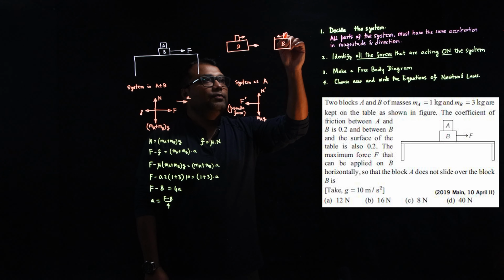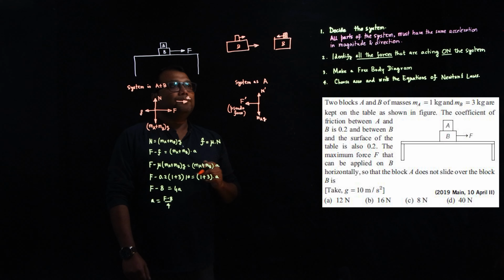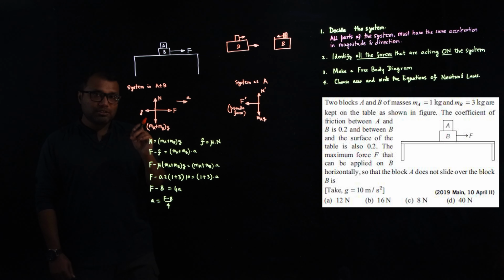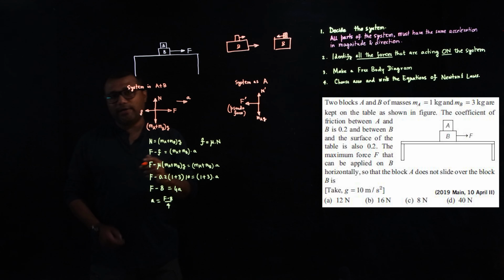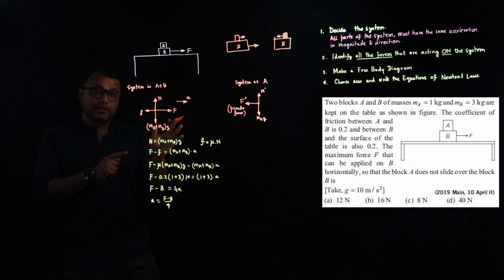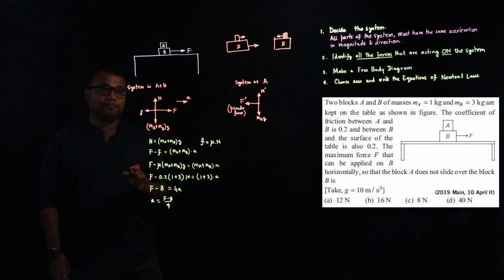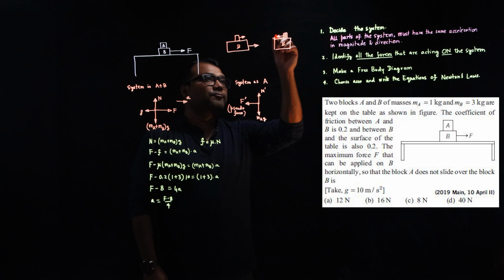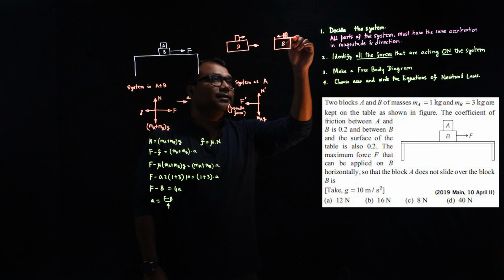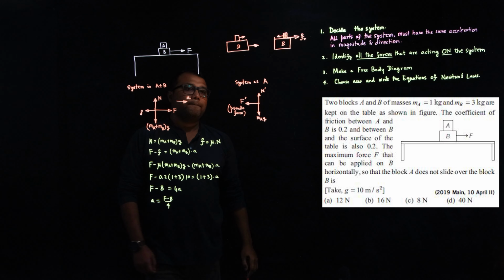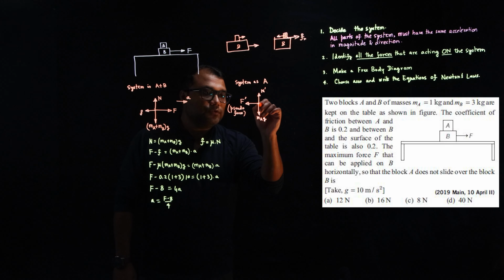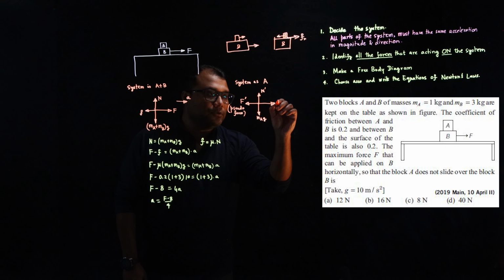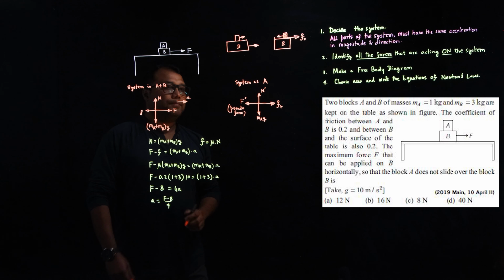So remember one thing about kinetic friction: the direction of kinetic friction is always opposite to the direction of relative motion. So because the relative motion is that side, the frictional force is to the right.